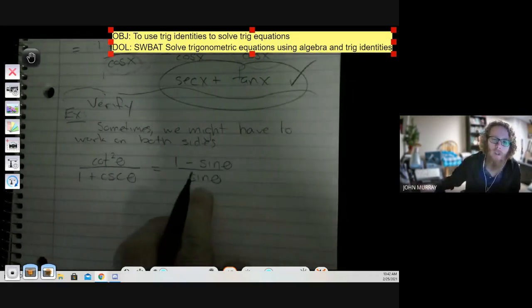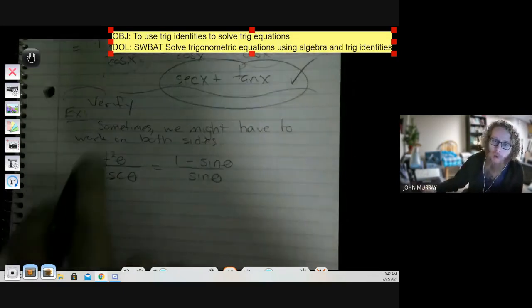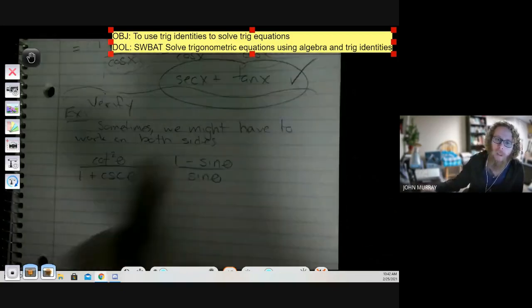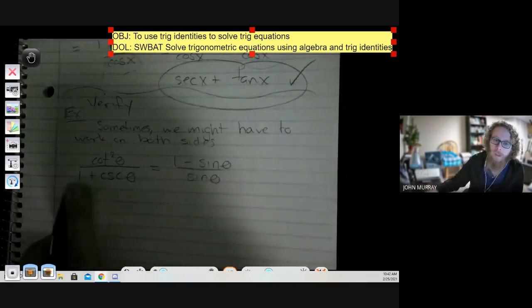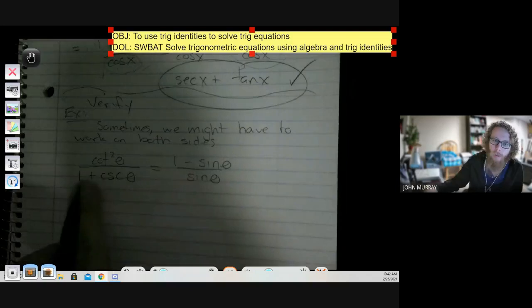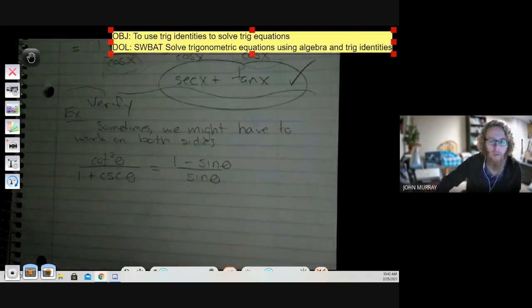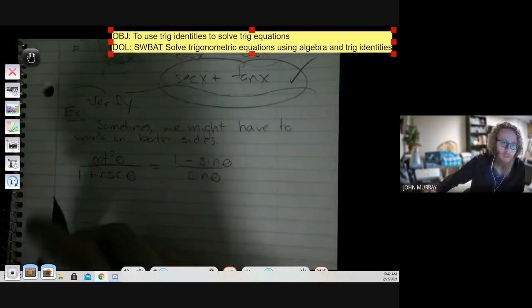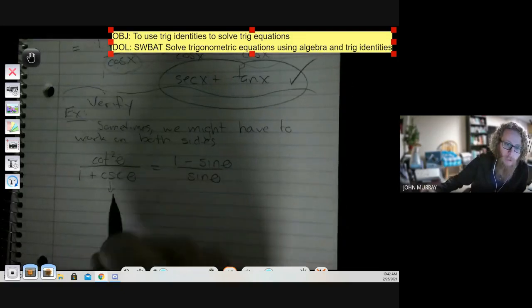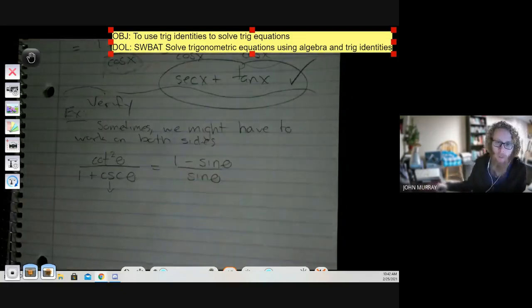This side looks a little nicer because it's just sines, but they're both fractions. They both involve other operations, plus 1, minus 1. So first, we're going to start with the left-hand side because that's a little more complicated. We can do some simplification there.